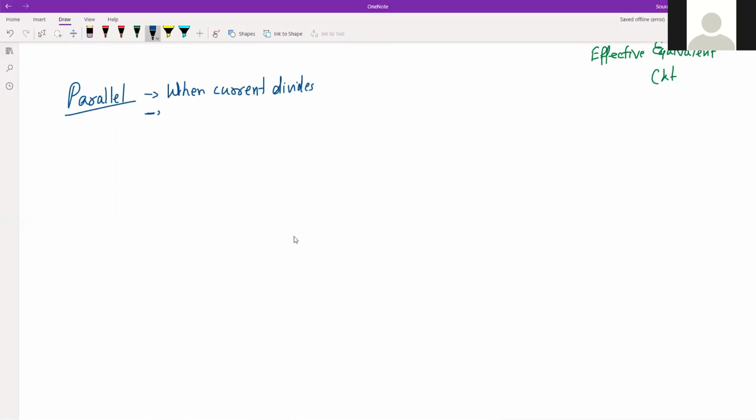Say for example, this is happening somewhere. That means if I is here, there will be I1 current here, and there will be I minus I1, or total I2, somewhere over here.